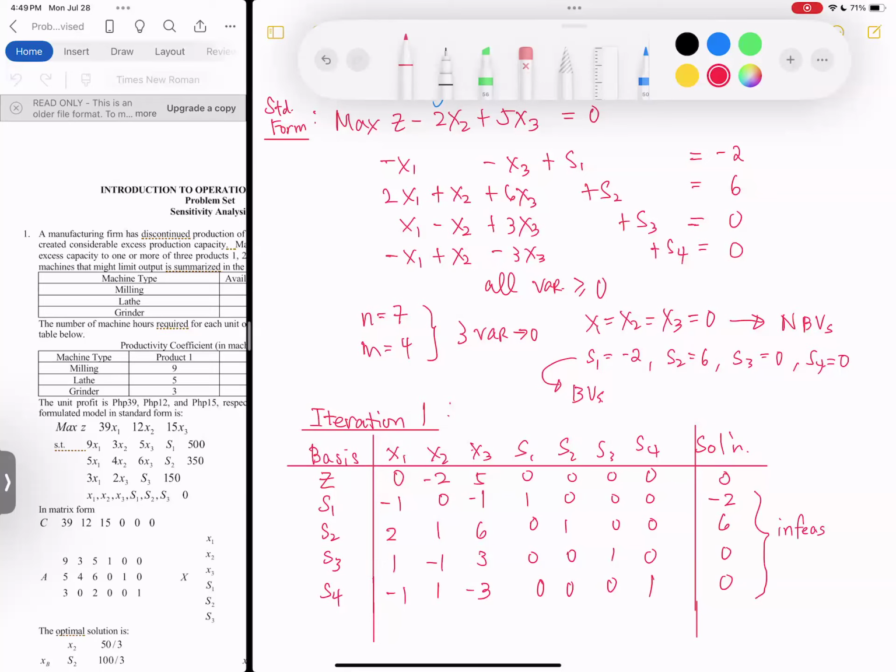Infeasible meaning there's a negative value in the solution column. And this one will make the tableau infeasible.